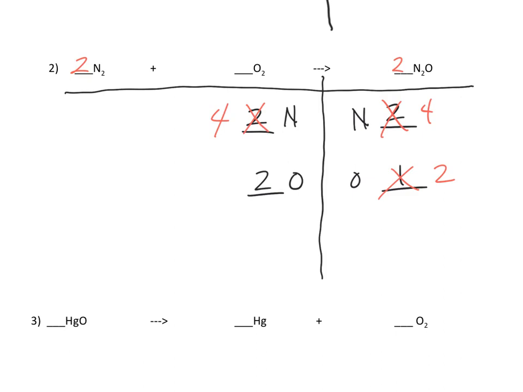We have 2 oxygen atoms on one side. We have 2 oxygen atoms on the other side. And we have created a balanced chemical equation. We have 2 nitrogen molecules combining with 1 oxygen molecule to create 2 N2O molecules, or dinitrogen monoxide molecules.